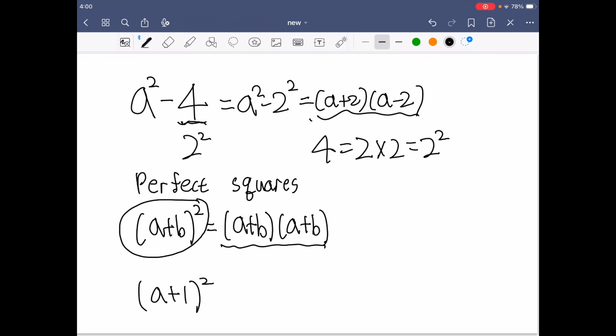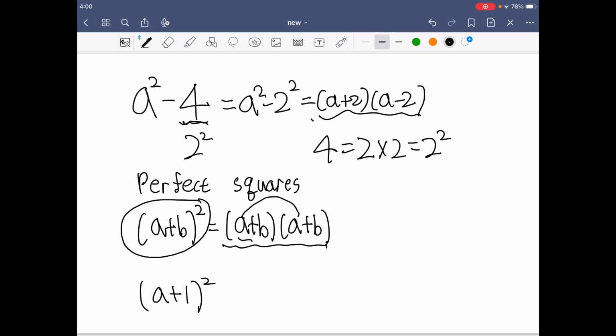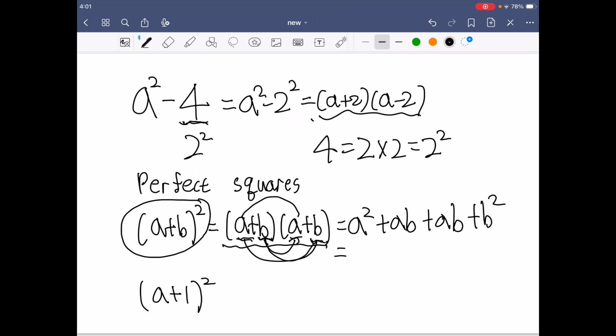So how do we expand this one? It's also the same. A and a, we get a squared, and a and b, positive, so it should be plus ab, and then plus ab here as well. So we get another ab, and then b and b, so we get b squared. A squared, 2ab, b squared.